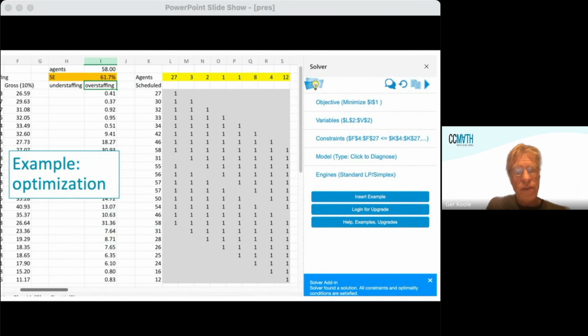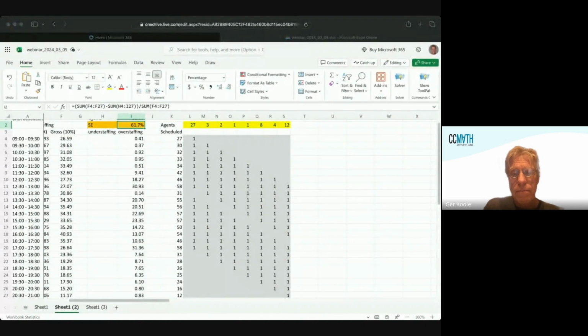So let's move again to the Excel sheet. Okay. So now you're seeing hopefully my Excel sheet again.